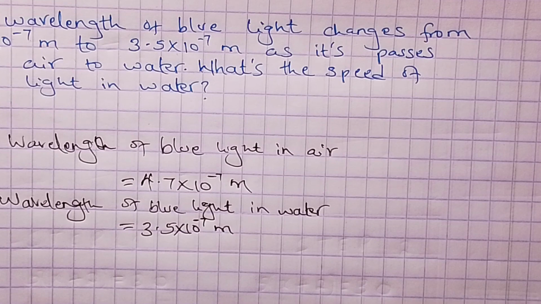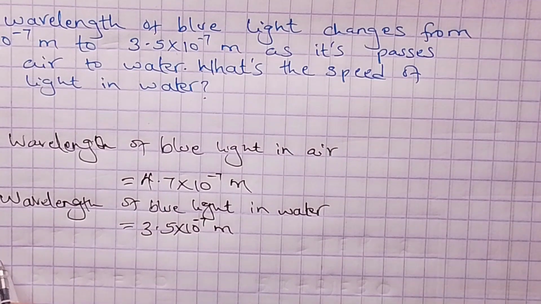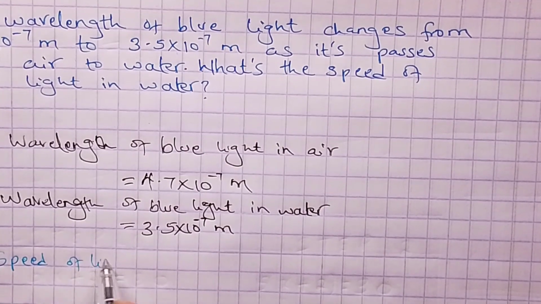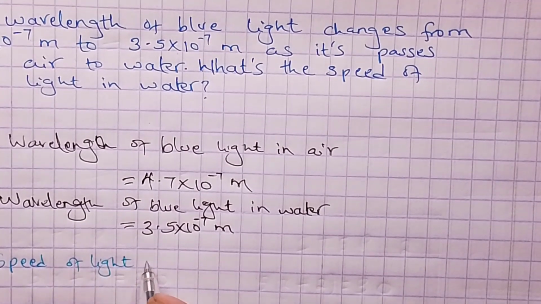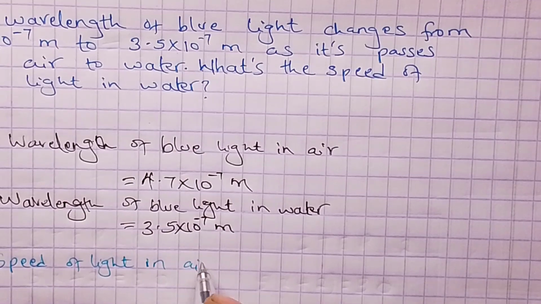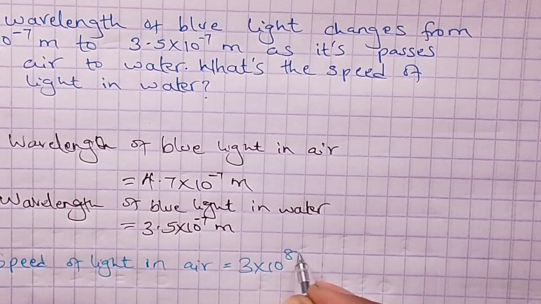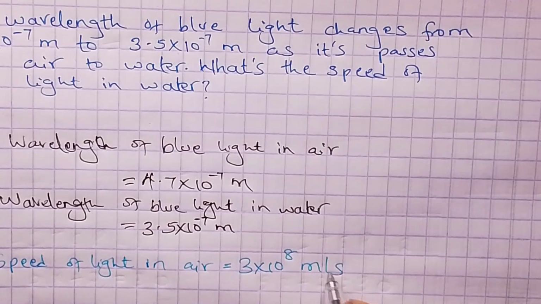But also, we all know that the speed of light in air or a vacuum is always 3 times 10 power 8 meters per second.